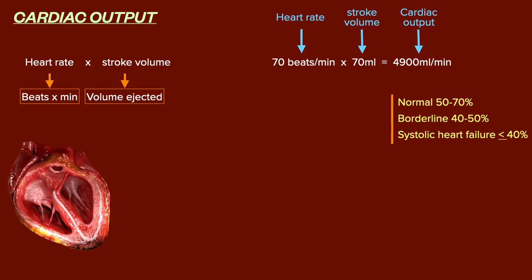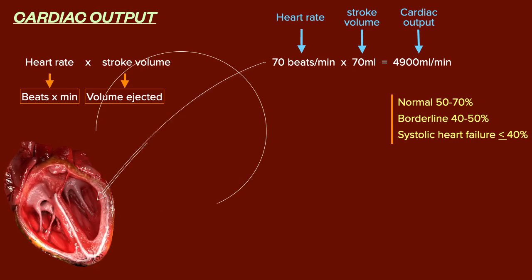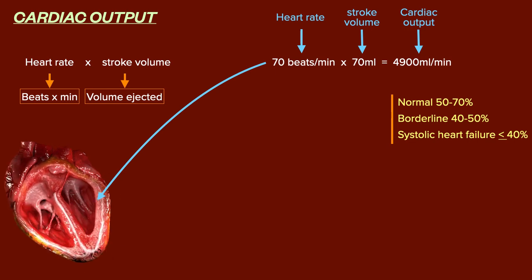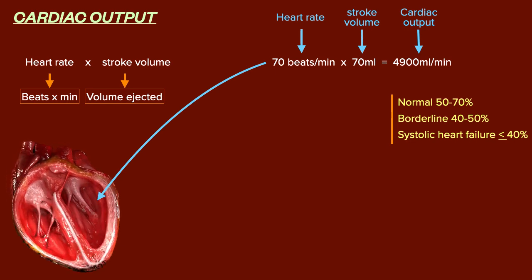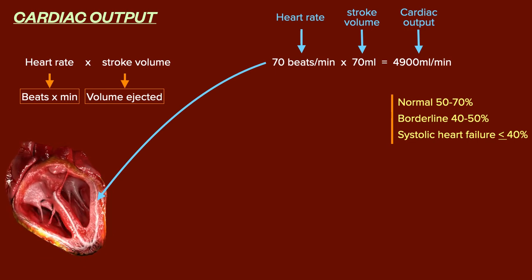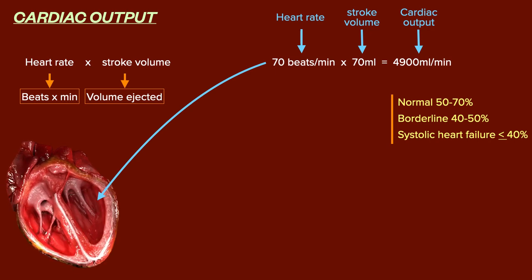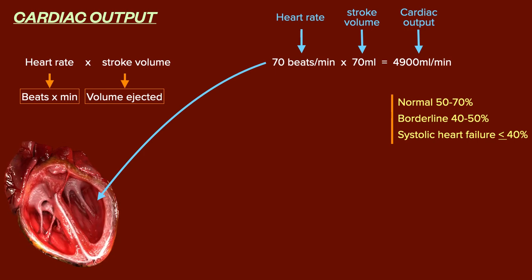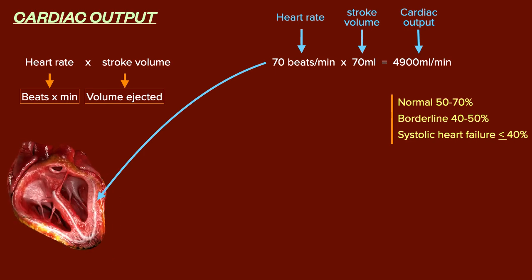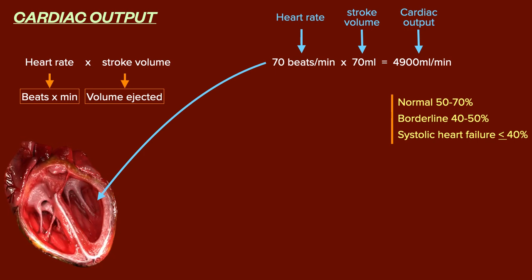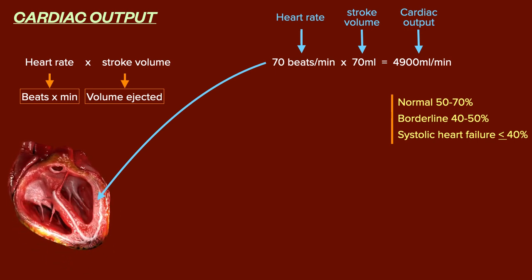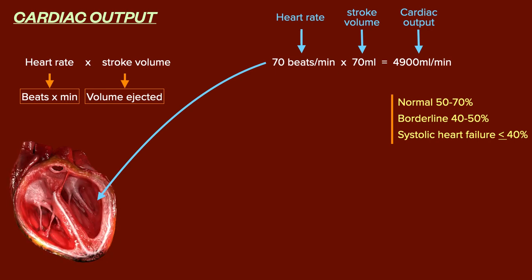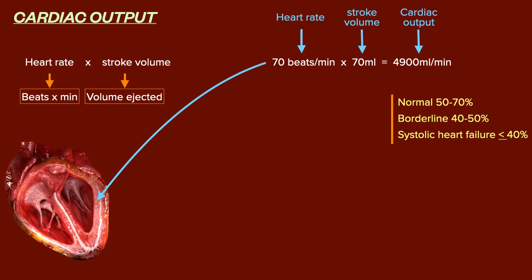But if you look at the heart contracting, you'll notice that not all the blood that enters the ventricle is squeezed out into the aorta. Normally, there is a small quantity that remains in the ventricle after a stroke and mixes with the coming blood from the corresponding atria. That means that the stroke volume is only a fraction of the total volume inside the ventricle.